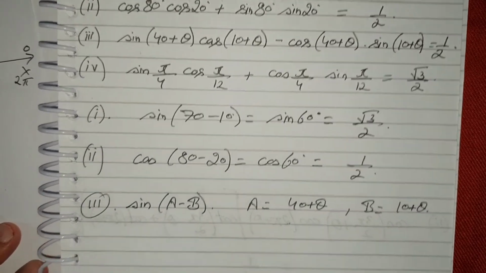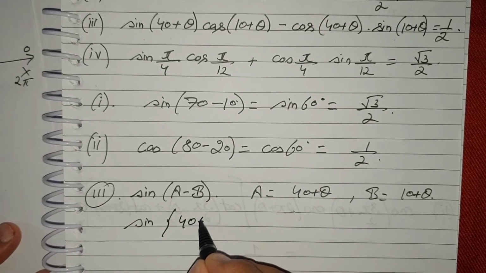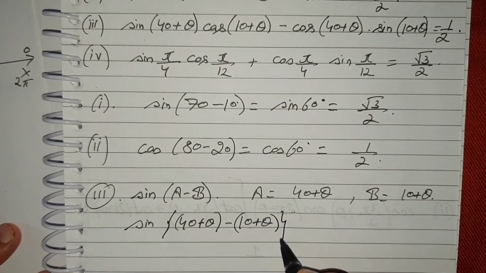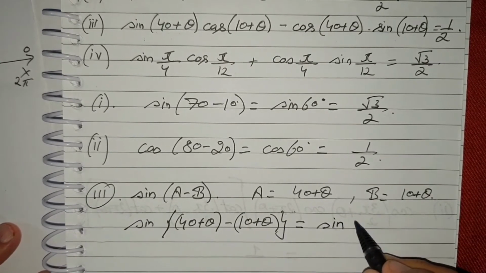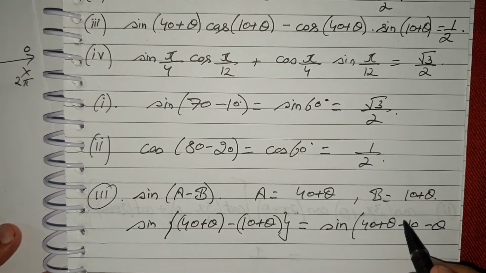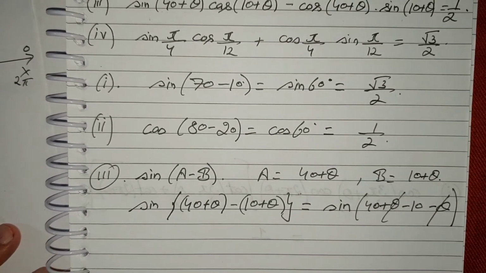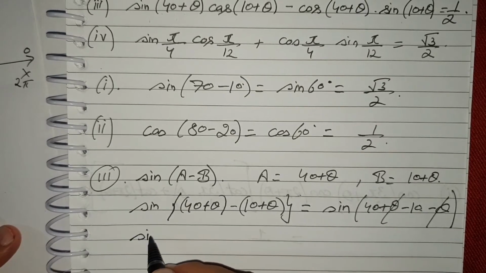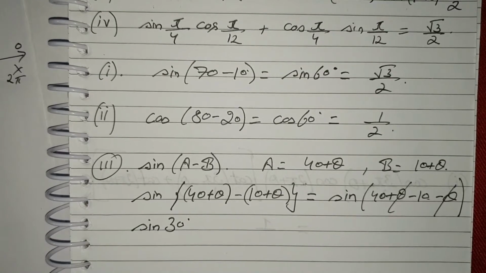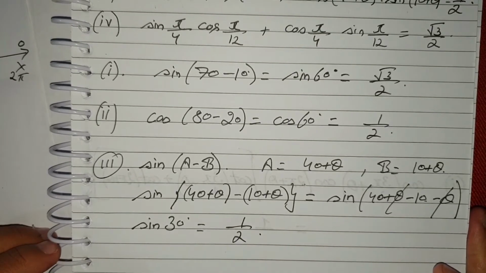So we write sine of bracket 40 plus theta minus 10 plus theta. Solving, this is sine 40 plus theta minus 10 minus theta. Theta cancels. Sine 40 minus 10 is sine 30 degree, which is 1 by 2. Hence we have proved.